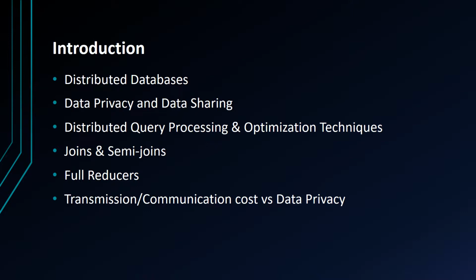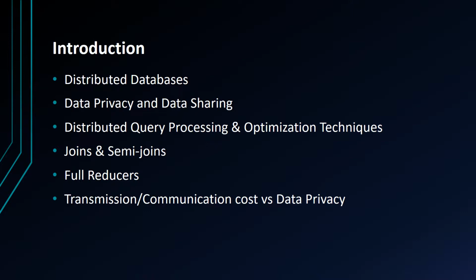One thing to notice is that relational algebraic operations like projection, selection, or joining of queries are relatively much easier in centralized databases than distributed databases, because we have the overhead of transmitting one relation from one site to another.